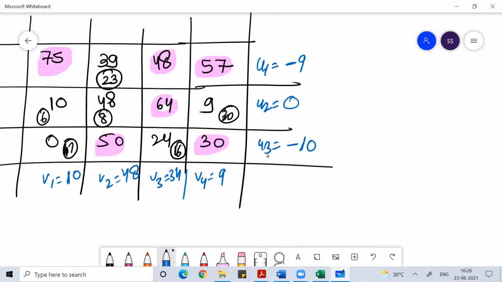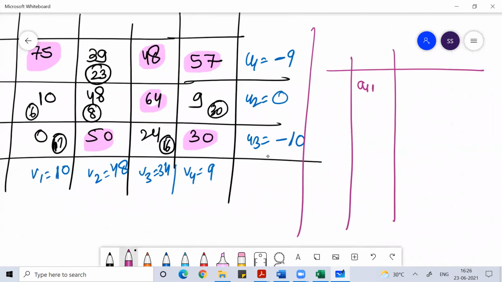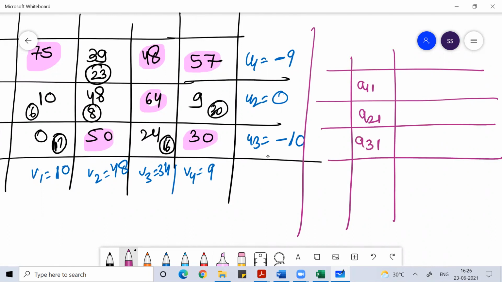Once you understood that your allocation is appropriate, you can see that this is basically A11, then A21, then A31, meaning first row first column, second row first column. You studied matrices already.